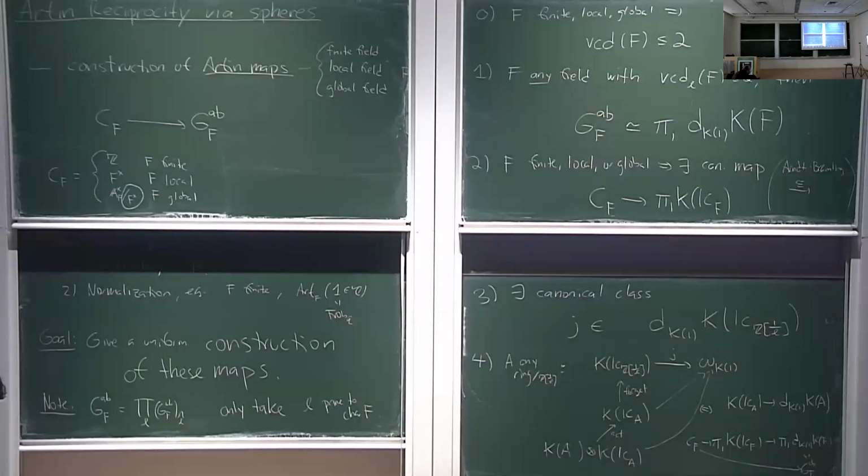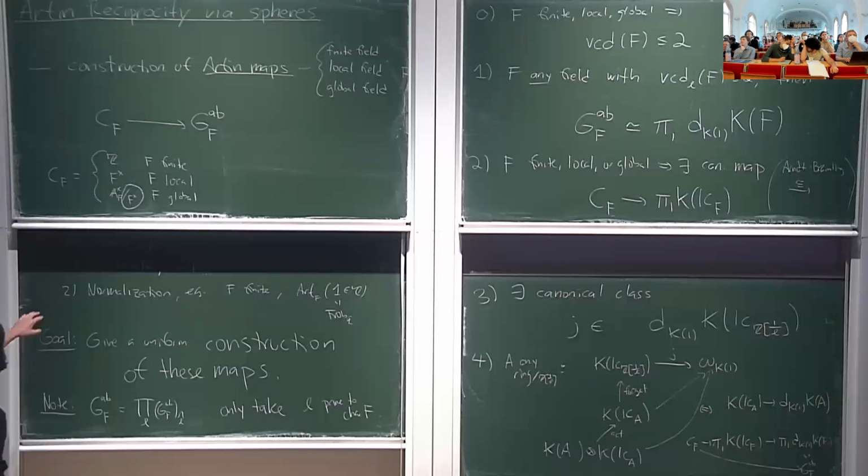Before all of this, the normalization only determines the map for finite fields, and then for all fields. Is it true that now with your new stuff, you'll determine it all? No, this plus this determines it for all fields. That's just some abstract argument in number theory.